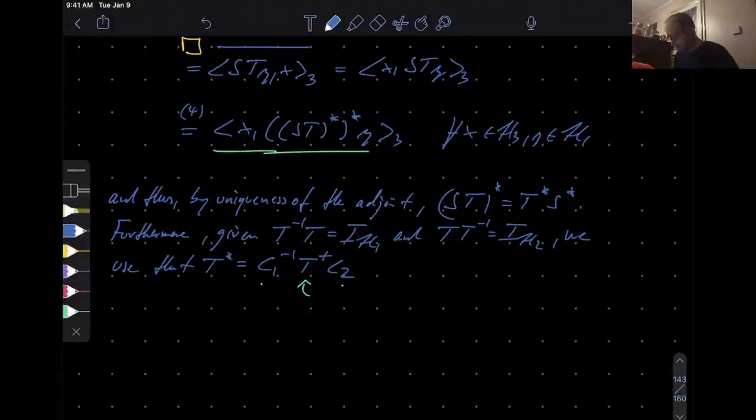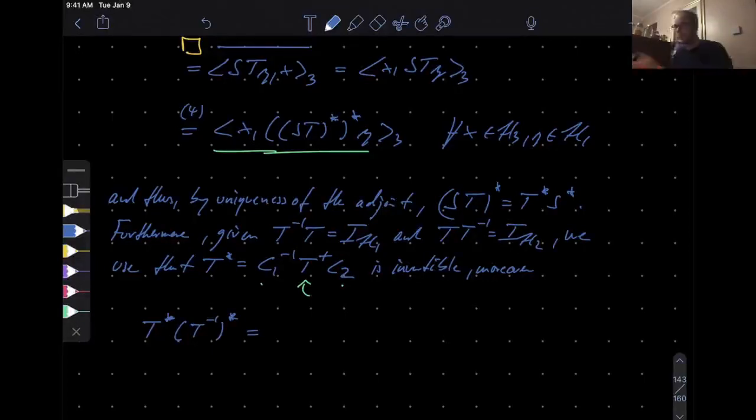Okay, we use that this is invertible, and moreover, how does the equality follow? Well, let's look at T inverse star. By the second property, why is this the second property?